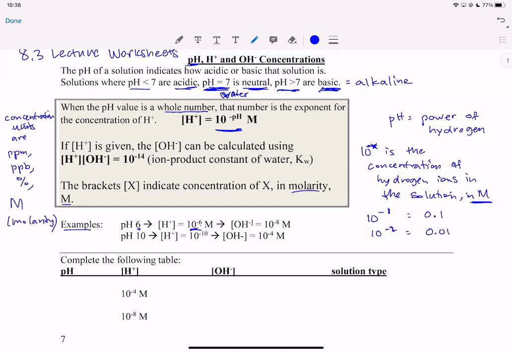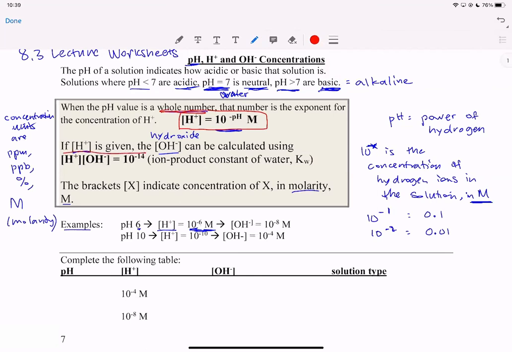So when you have the power of 10, that is the concentration of the hydrogen ions in the units of molarity. So when you have the hydrogen ion concentration, you can calculate the hydroxide. So remember, this is called hydroxide, the OH. And the hydroxide is calculated also with a very simple equation. Let me actually circle this. This is a simple equation when you have the pH as the whole number value.